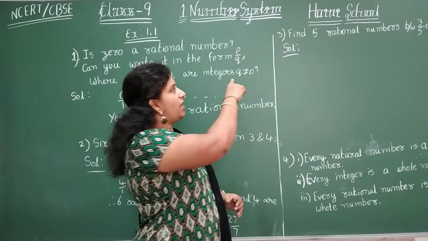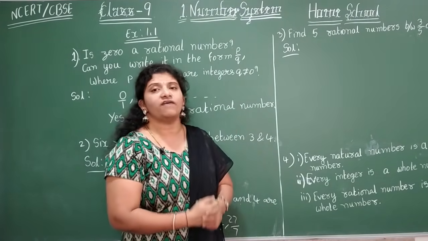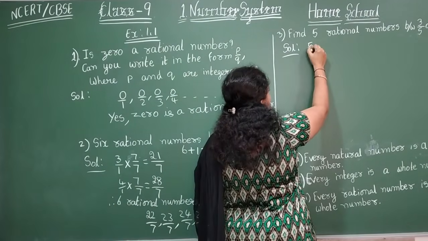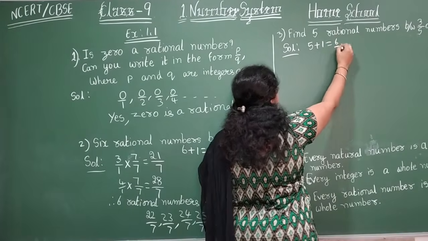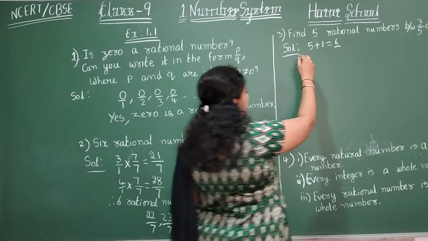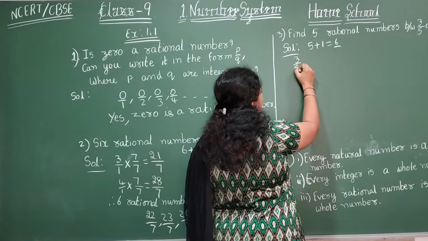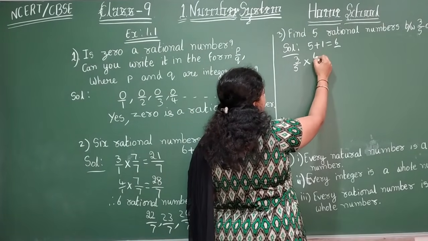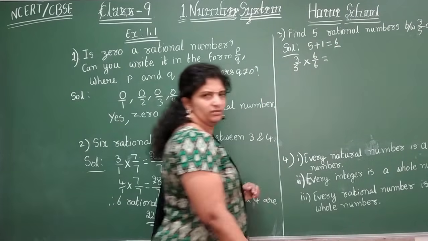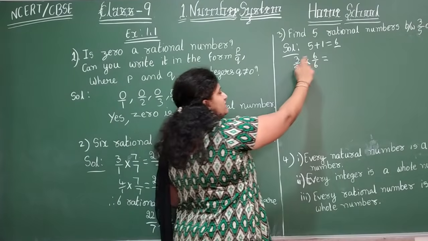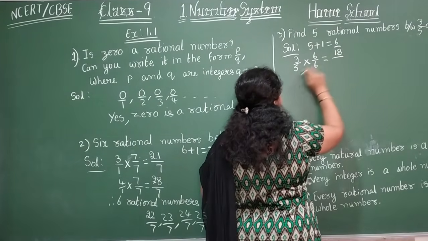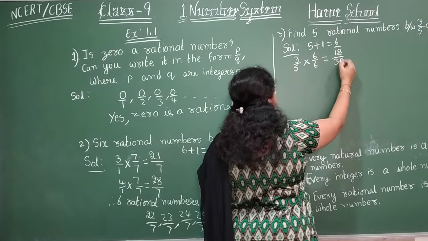So what is here? How many numbers are asked here? 5 rational numbers you need to write. Means 5 plus 1 will be 6. You have to keep that in your mind. So now take the first number 3 by 5. Multiply this numerator and denominator by this number 6. Now numerators multiply, 3 6s how much, children? 18. 5 6s are 30.